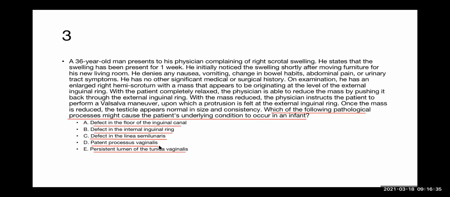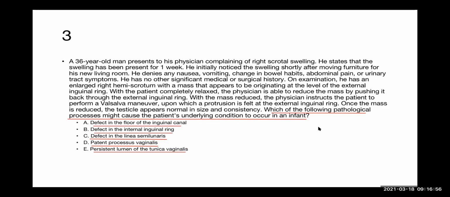Testicular descent is complete at the time of full term. Full term, never forget this. So if a baby is born preterm, the testes are still in the inguinal area or sometimes even in the abdominal cavity. It depends on how preterm the baby is.